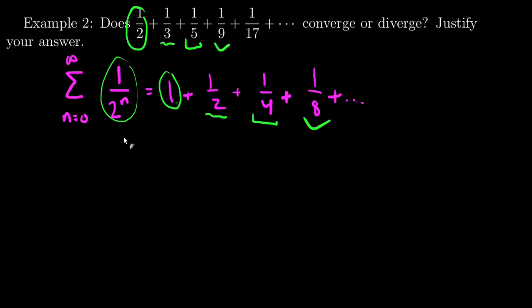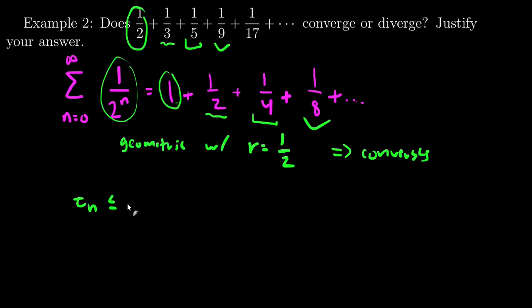This is geometric with common ratio equal to 1/2. We know this converges. So we have geometric common ratio equal to 1/2. So that converges. We know that the terms are less than or equal to these terms for all n.